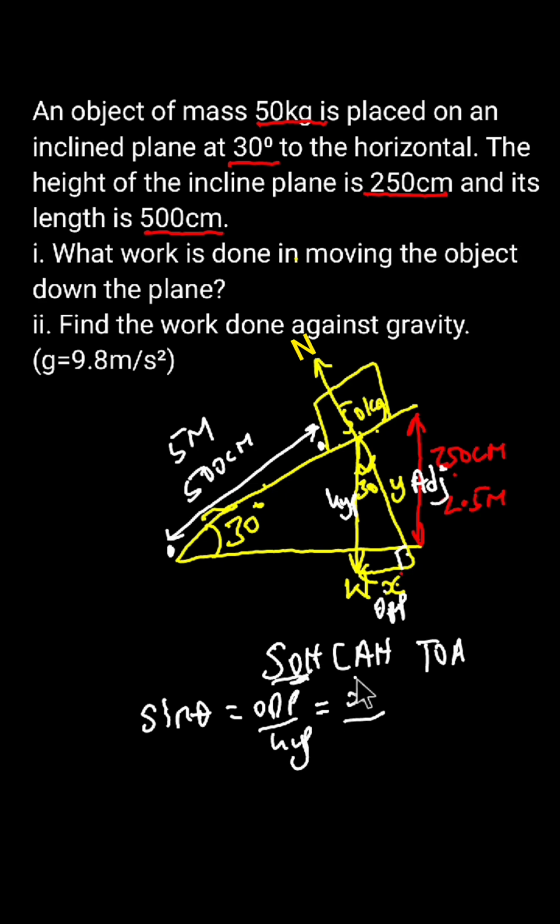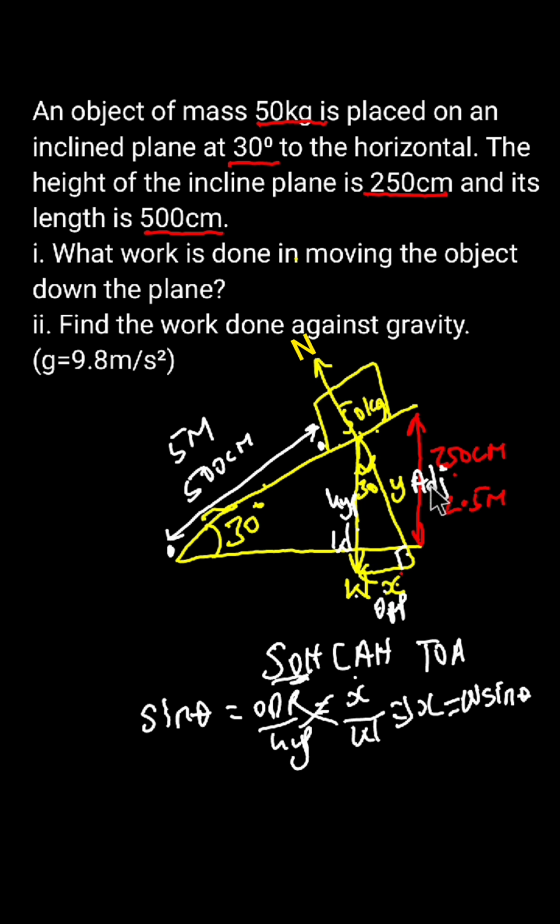Our hypotenuse is equal to the weight of this object. Now for us to find the value of x, if you cross multiply, x is going to be equal to w sine theta. So the value of x is w sine theta.